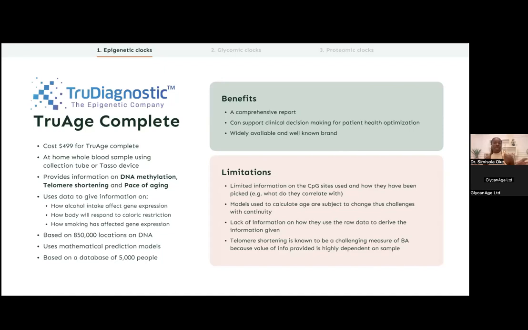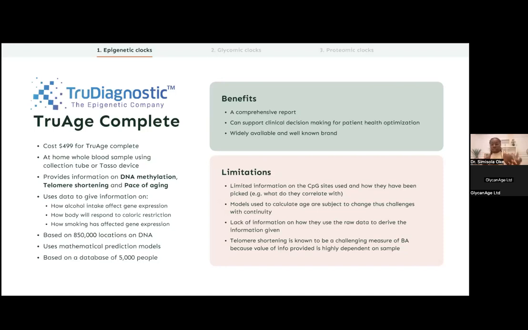Is it 850,000 CpG islands? I don't think so, but maybe it's just specific gene areas or specific bases. And so this gives an indication that when you're looking at specific companies that provide epigenetic clocks, it can be quite difficult to understand what the clocks are based on and exactly what the clock is looking at.